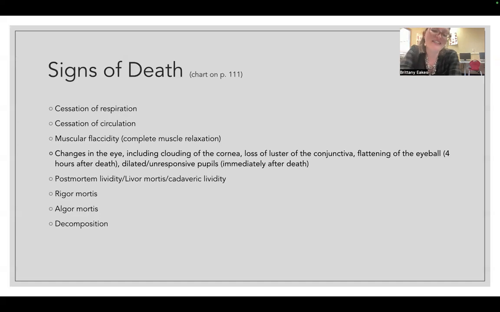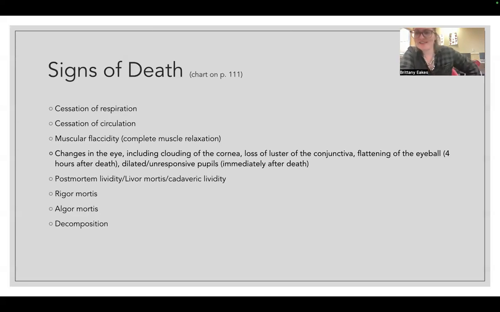Postmortem lividity, also known as livor mortis, also known as cadaveric lividity, is a sign of death, that discoloration in the dependent tissues, regardless of what position the body is in. Supine in the hospital bed, face up, it could be in the back, wouldn't have any issues there for viewing purposes.